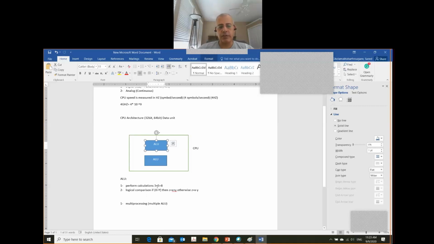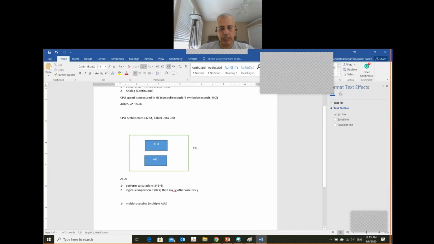Instead of giving just one instruction, we can give another instruction: 2 plus 4 equals 6. So it can concurrently process these 2 calculations by having 2 arithmetic logic units.